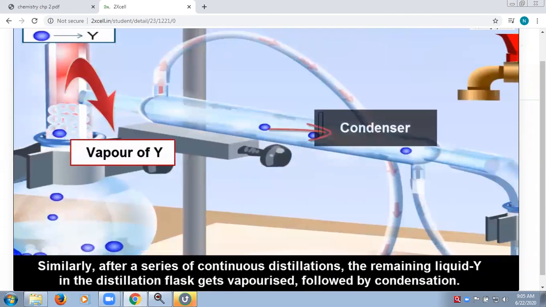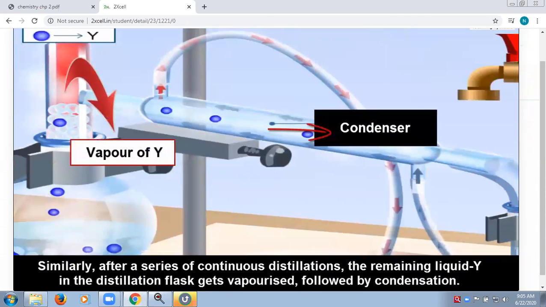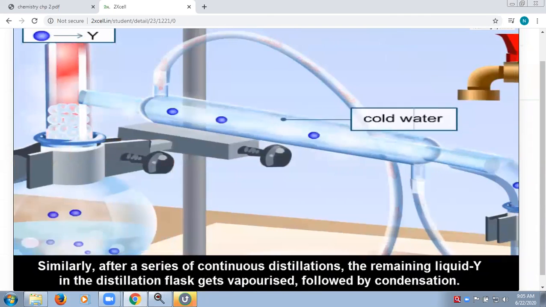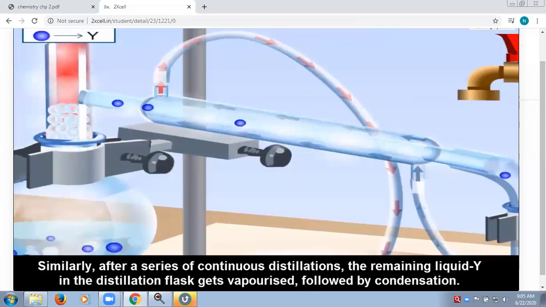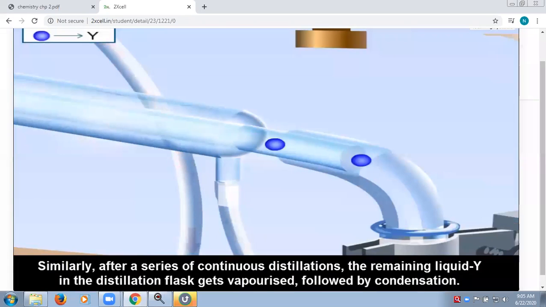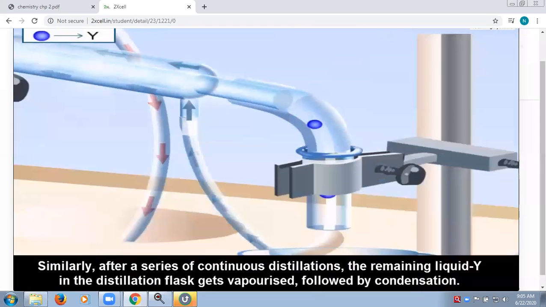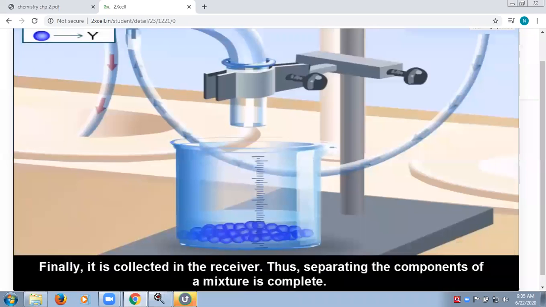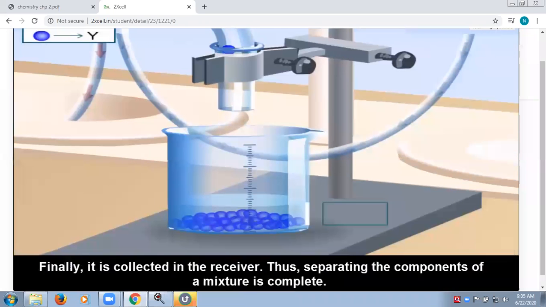Clear? After this, the vapors of Y will be collected in a separate receiver. The same thing we can go for that also. X is collected, X is taken out. Now Y is collected, Y will be taken out.